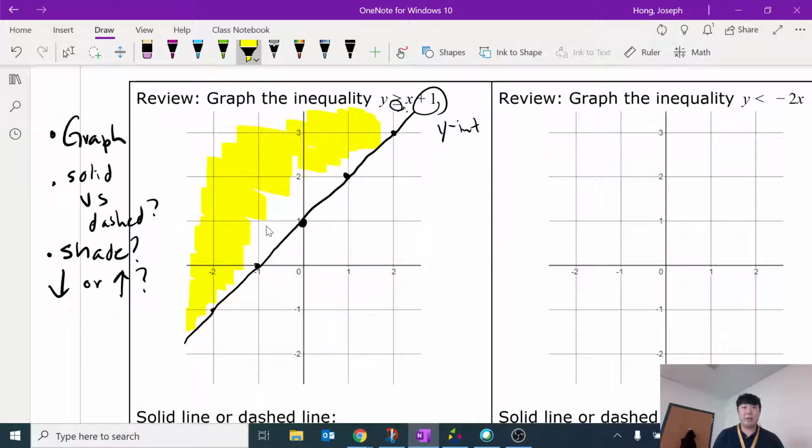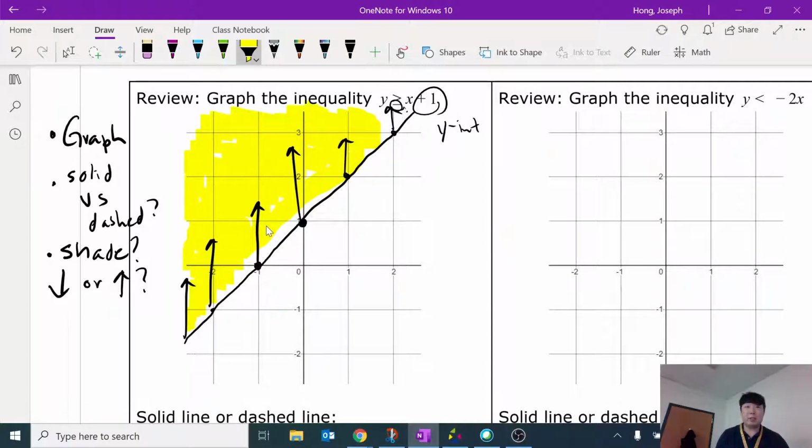And the way to figure that out, because it's kind of confusing, is I like to choose a random point in my graph and just draw an up arrow, going straight up, like so. These arrows are not part of my graph, but they show me the area of the solution that I can have. Let's say I choose a random point like here.